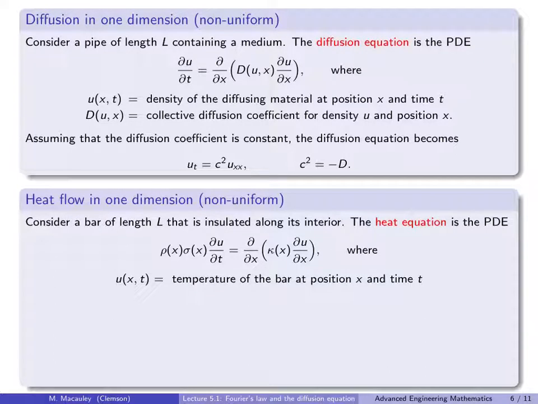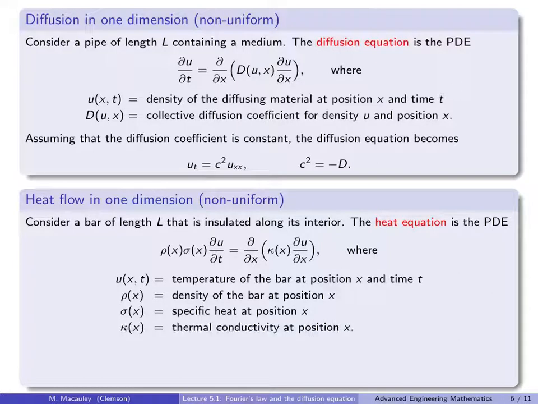And that's horribly messy, but let me just mention what these quantities are. So u is the temperature of the bar, of course, at position x in time t. Rho of x is the density of the bar at position x. Sigma of x is the specific heat at position x. And kappa of x is the thermal conductivity at position x.